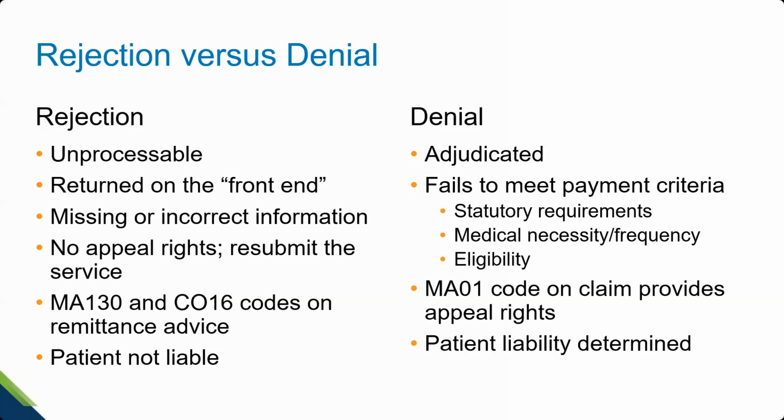On a rejected claim remit, you'll also find a CO16 group code, and that stands for contractual obligation. And that means that the patient is not liable for payment. The provider needs to fix it and resubmit it. A denied claim, on the other hand, is actually adjudicated.